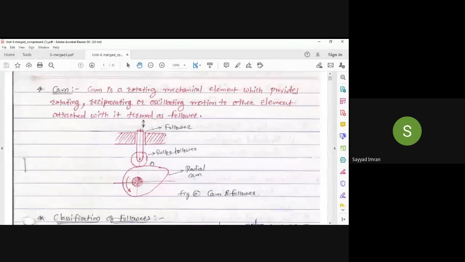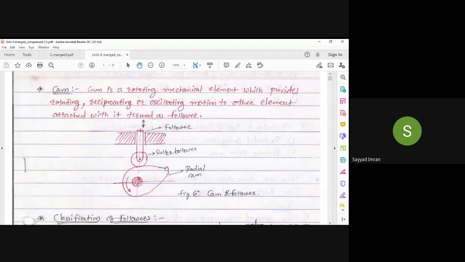So cam is a rotating mechanical element which provides rotating, reciprocating, or oscillating motion to the other element attached with it, termed the follower.